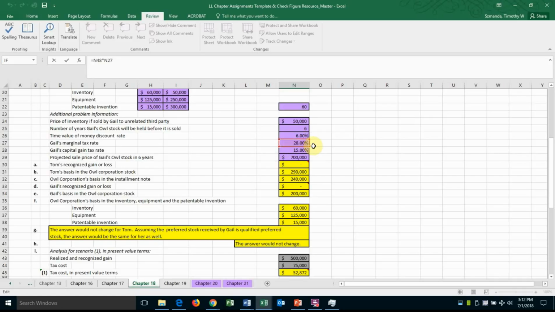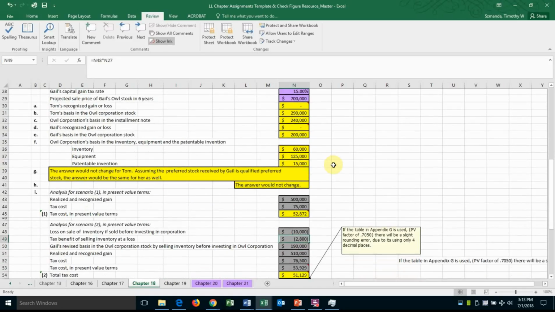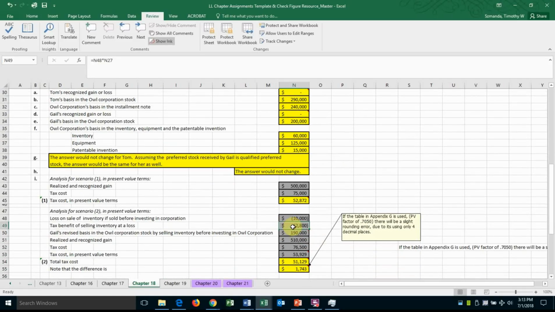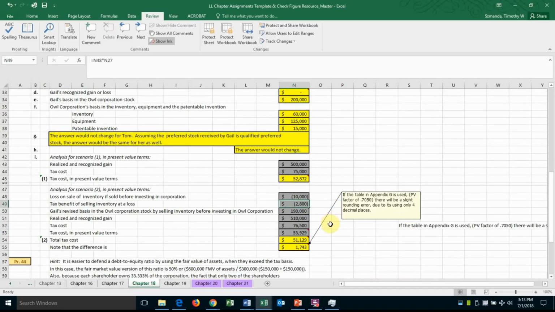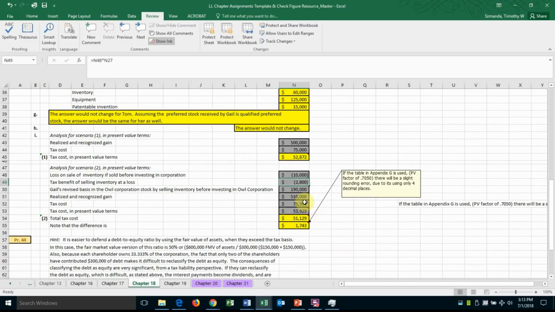And because she gets to use a 28% ordinary loss deduction, that's a greater benefit to her. So she gets $2,800 of tax benefit. That's money in her pocket by selling inventory. Yes, she loses $10,000, but she really lost that anyway, irrespective of whether she contributed directly or sold it first. But by selling it first, she gets this $2,800 tax benefit. It's cash in her pocket.